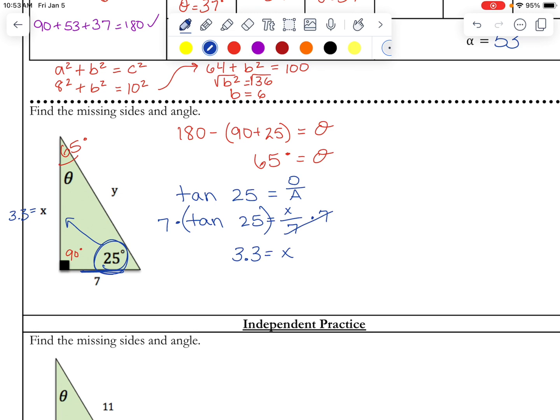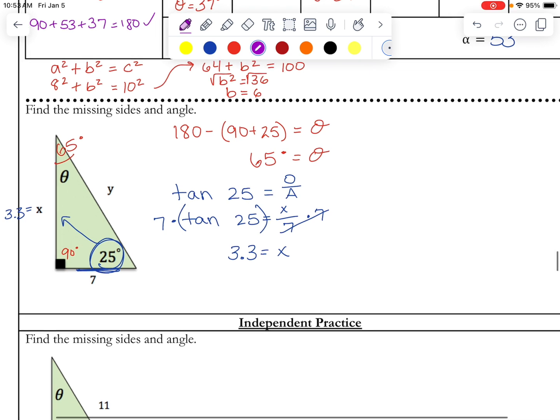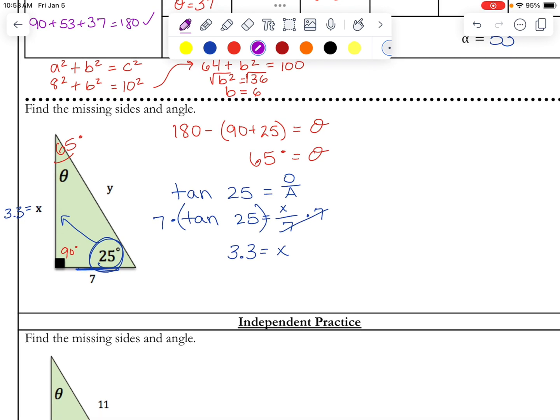And lastly, we need to find y. So I'm going to use Pythagorean theorem because I already have two sides of my triangle. So I'm going to do 3.3 squared plus 7 squared equals y squared, because y is my hypotenuse.